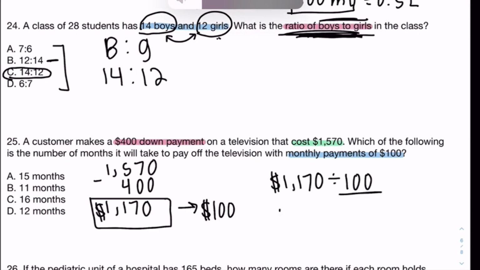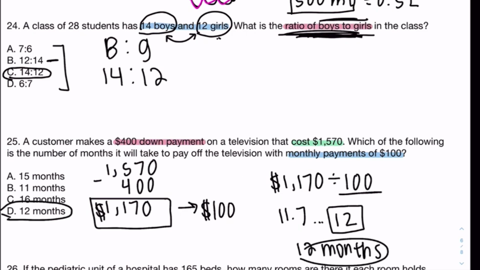That gives you a total of 11.7. Well, obviously you can't pay for 11.7 months, so we're going to go ahead and round that up to 12. So he's going to be paying on this TV for 1 full year, for 12 months.